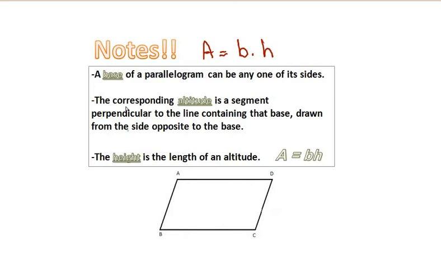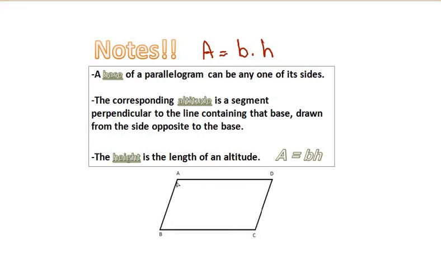So again, the base of a parallelogram can be any of the sides. Let's choose side BC, for example. The corresponding altitude is a segment perpendicular to the line containing the base, which is CD, drawn from the side opposite to the base. It should be drawn from side AB because it is opposite to the side we chose.